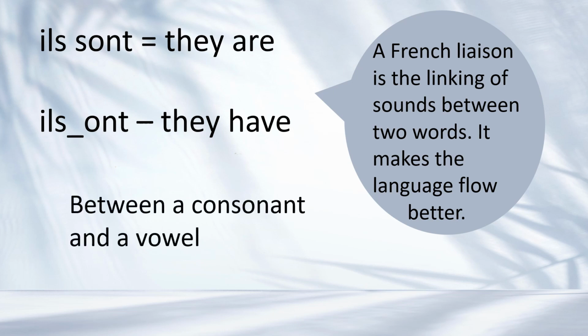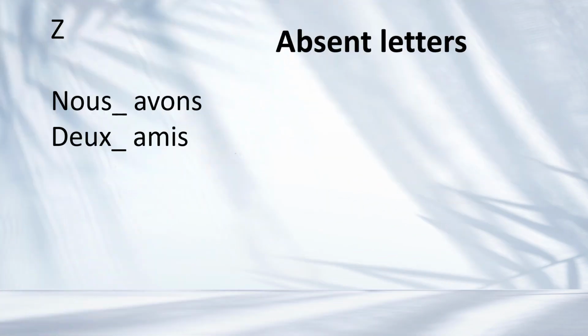Basically the French liaison is between a consonant and a vowel, and I should also say a vowel sound. Liaisons also means that we are going to hear the sound of absent letters. For example, the Z sound.